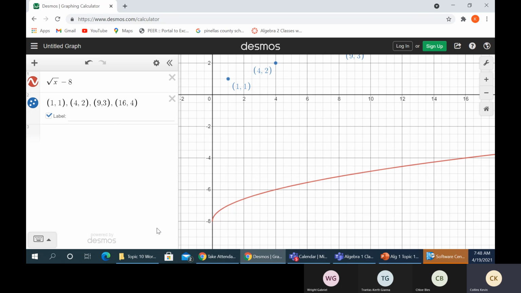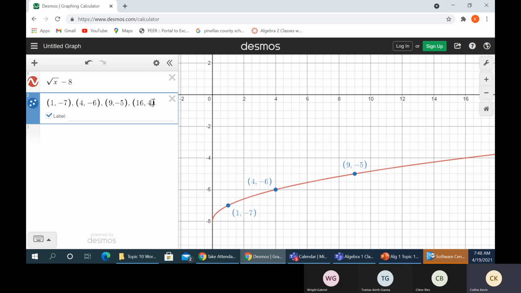So if I did that, then let's change these numbers. So if I subtract 8 from 1, I get negative 7. Look, he's on the graph. Do the same thing here. I've got 2 minus 8. So he's going to be minus 6. Then I've got 3 minus 8, so he's going to be minus 5, right?